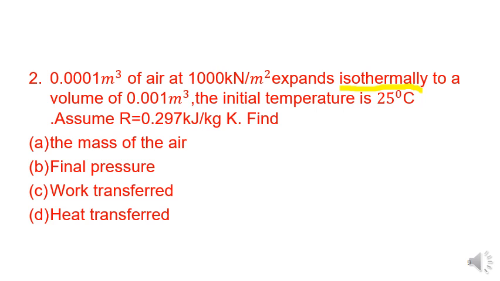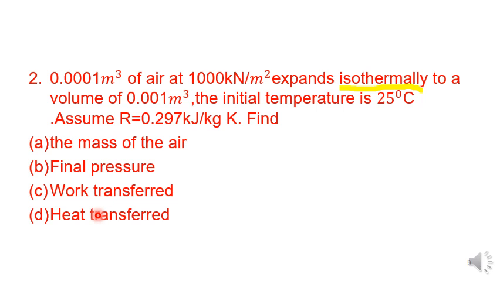The initial temperature is 25 degrees centigrade. Assume R value and calculate the mass of air M. We have to calculate the mass of air, final pressure P2, the work transfer W and heat transfer dQ.